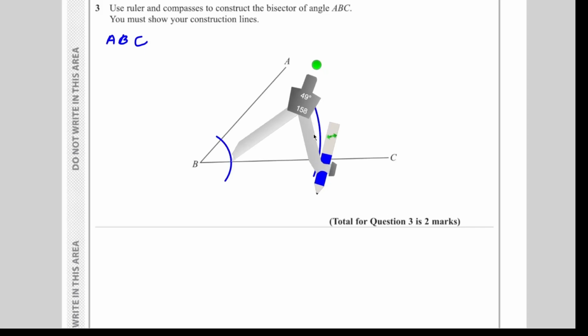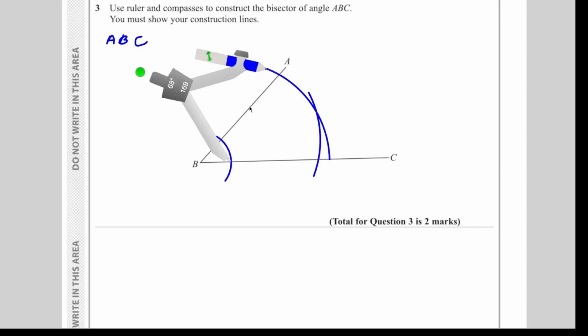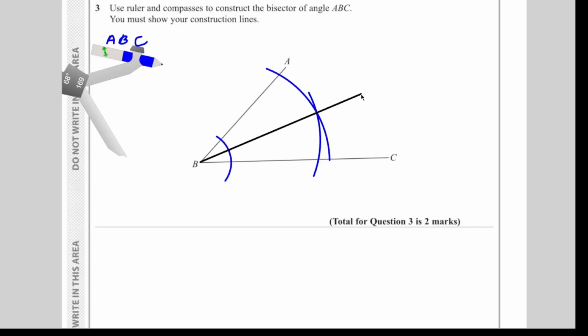Now, if you change the radius, it is wrong. Don't change it. Now we are done. Use the ruler, keep the ruler here and draw the line. Now you measure this angle and this angle. They should be equal to each other. That's how we bisect the angle.